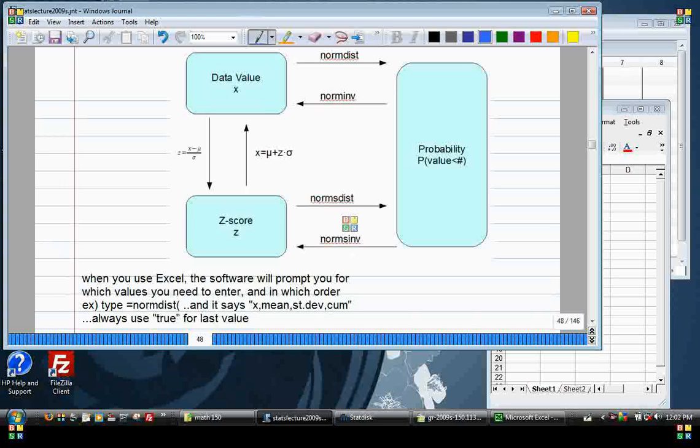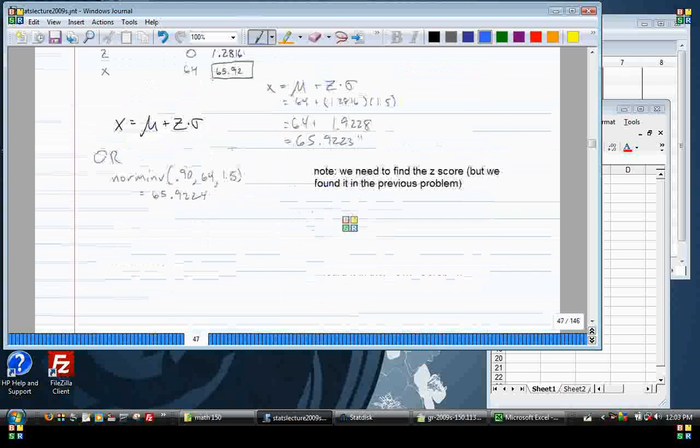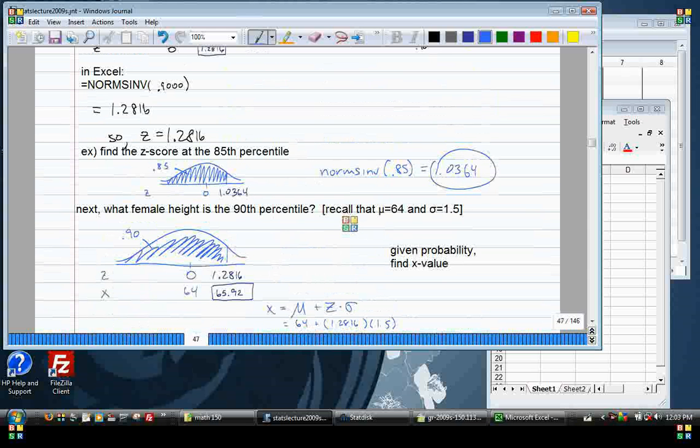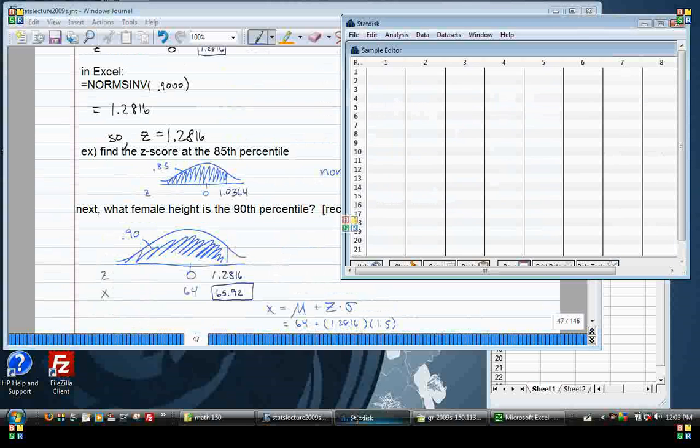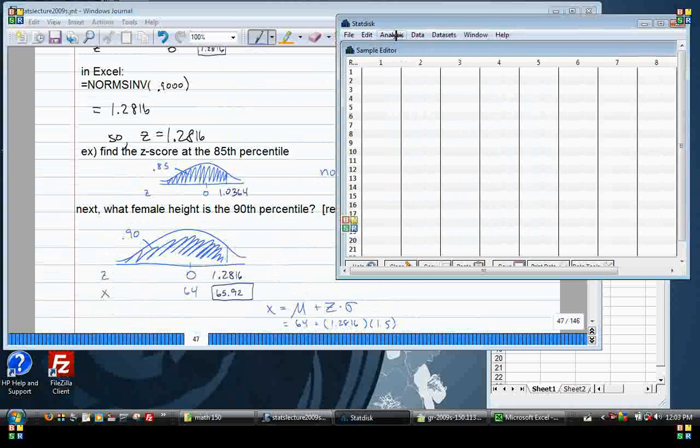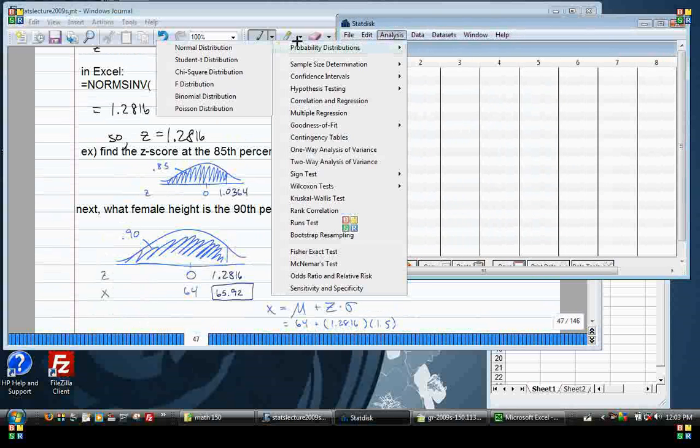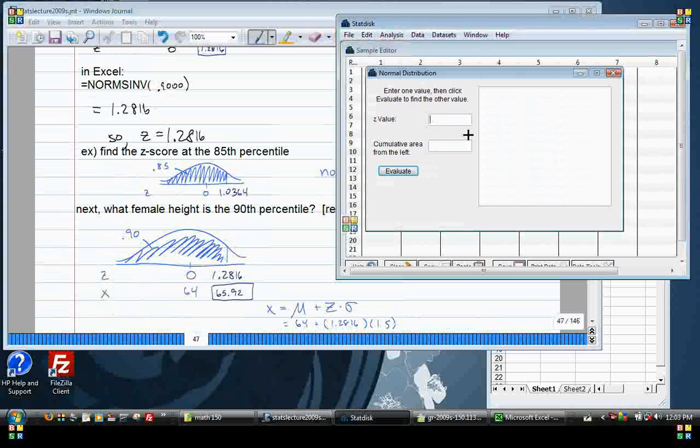Sorry, there's also one thing which I neglected to show you, which is the last bit, how to use Statdisk for that. So I'm going to come back to this chart in a second. I said you can use norm S inv to go from the probability to the z-score. We can also use Statdisk for that. So let's do that 85th percentile question. Analysis, probability distribution, normal distribution. Now, what do we know? Do we know the z-value?